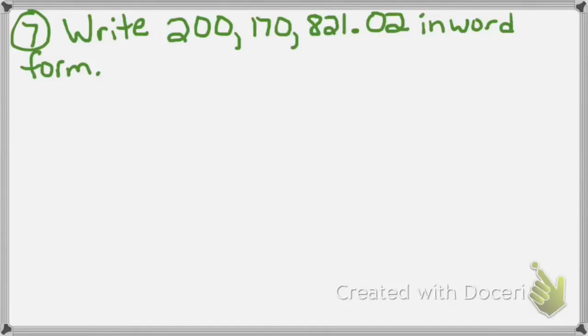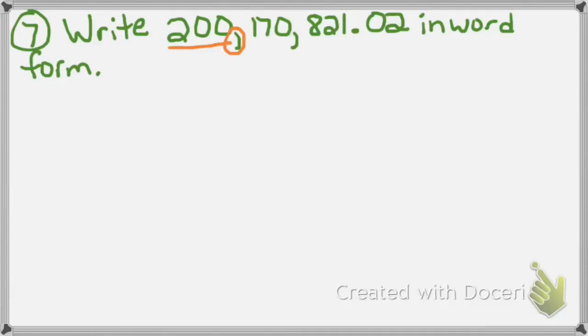Example number 7 says write 200,170,821 decimal 02 in word form. This is one of the more tricky problems that you'll have to write in word form, so let's do it together and break it up section by section. I'm going to break it up by period, so I underline my first period, which has the 200 in it, and the comma tells me that's the end of the period.